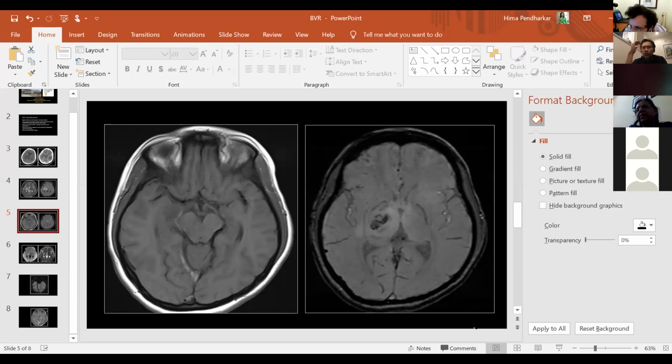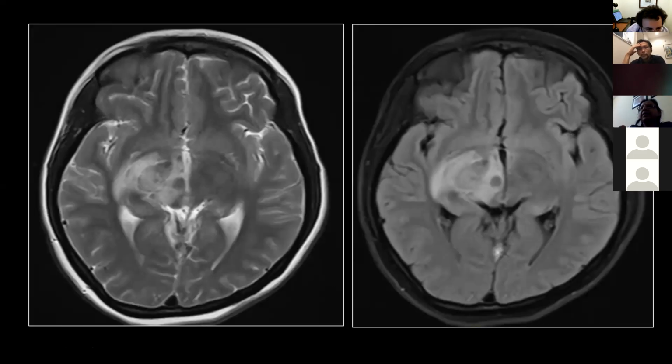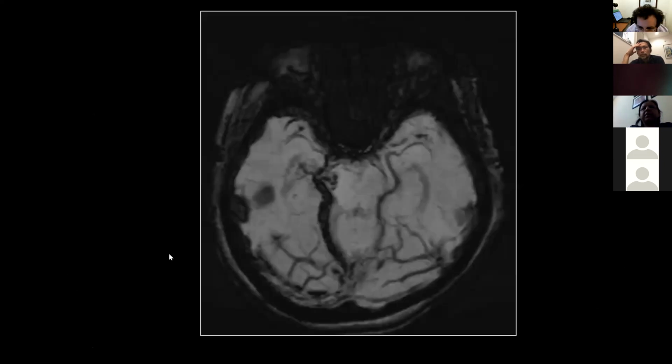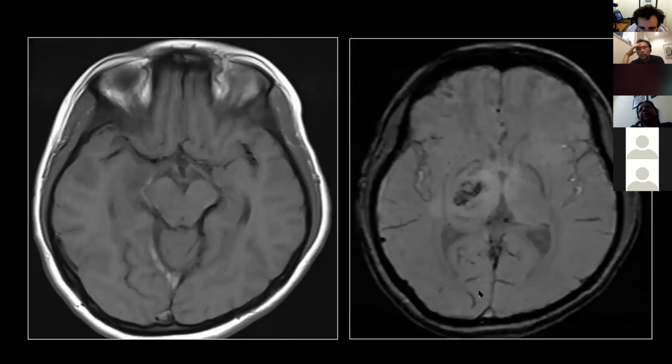Can you show again the FLAIR, or T2? It doesn't go to the thalamus, because on that SWI, it seems the left thalamus also is edematous, but that's not the right sequence to look at it. If you go back to that SWI or GRE, yeah, here on the left thalamus, but this is not the right sequence.